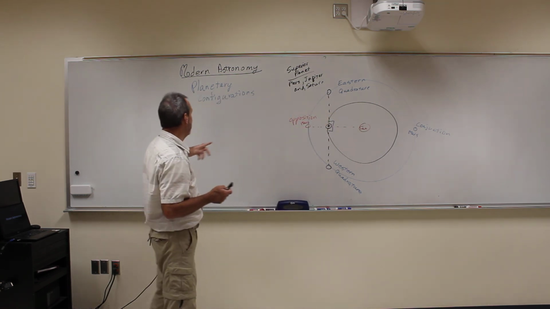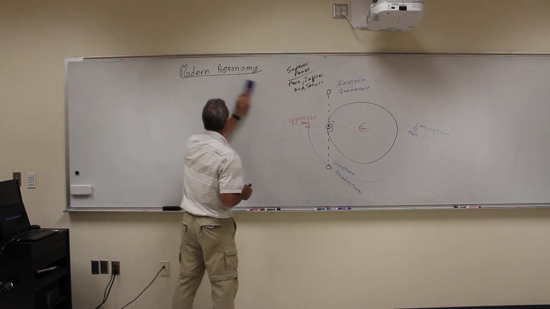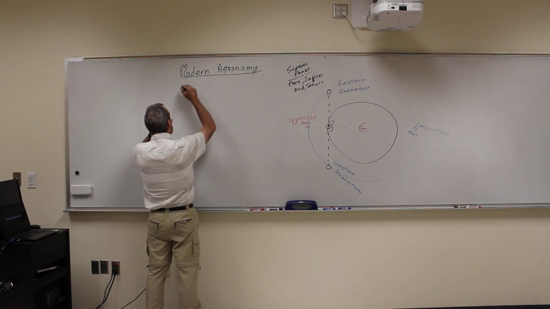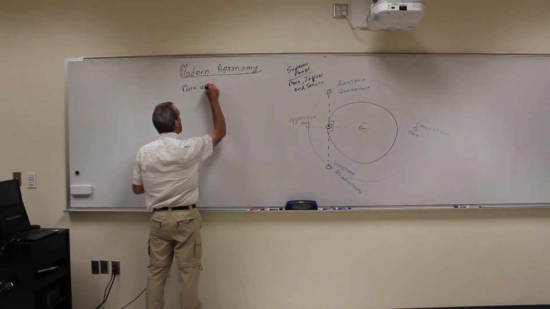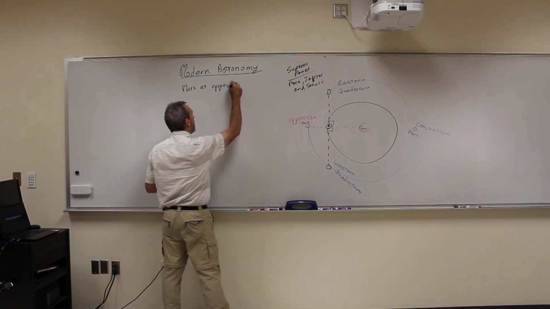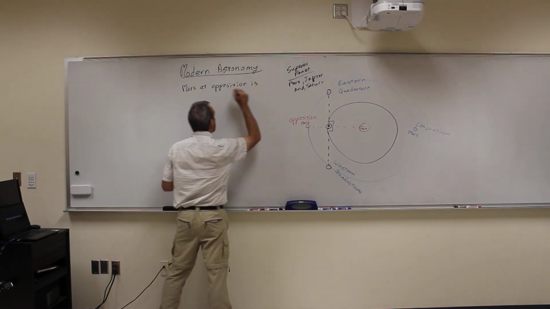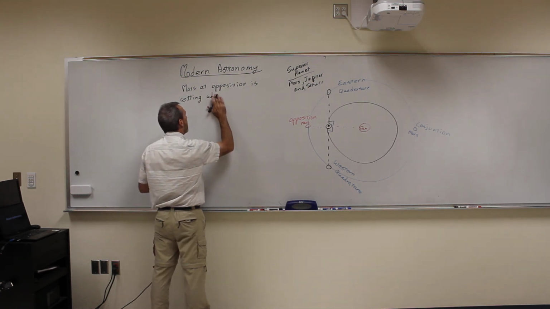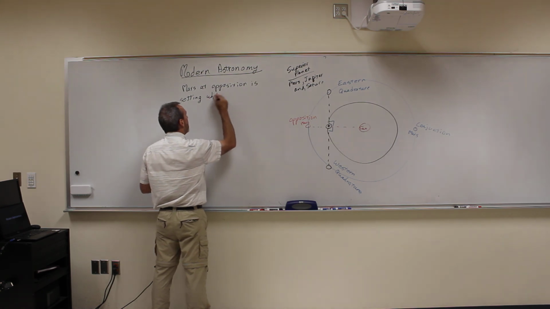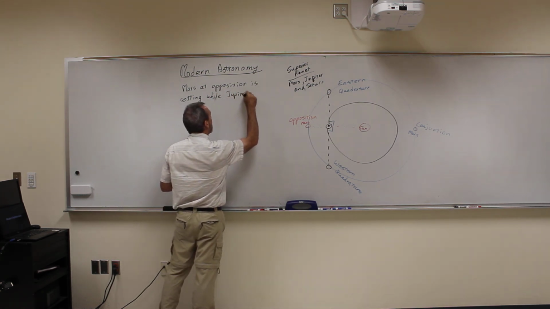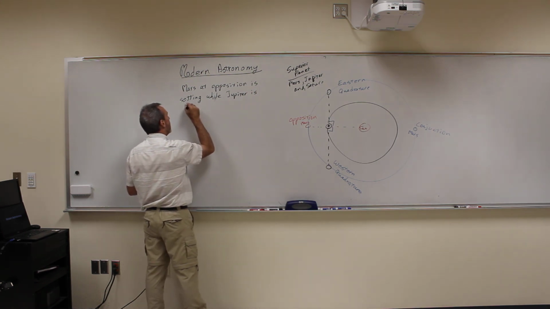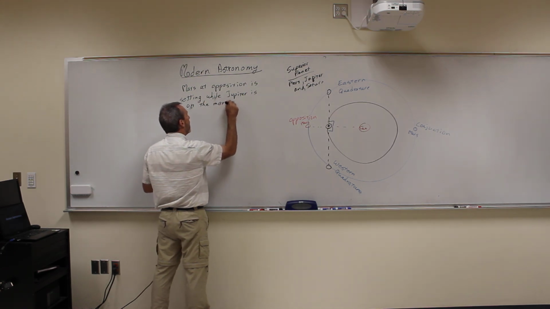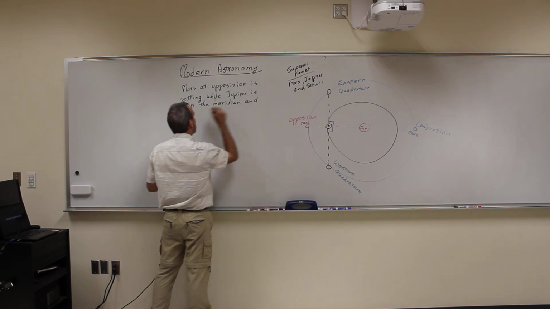So a question I might ask is something like this. Say Mars at opposition is setting, Jupiter is on the meridian, and Saturn is rising.